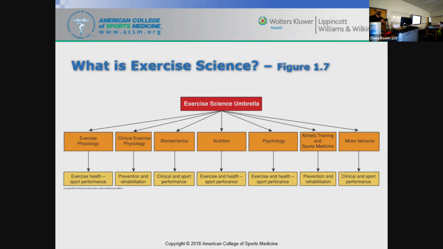And then motor behavior. Motor behavior and learning can start basically from the time we're born. We go the whole way until the time we die. So it's looking at our development of our motor skills and why we do what we do and how that connection between the brain and the muscles actually functions.